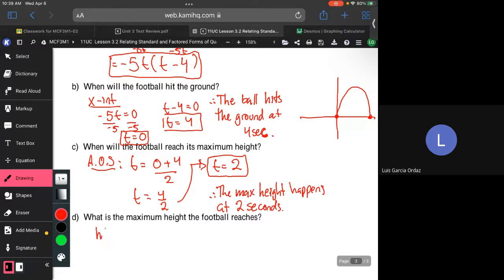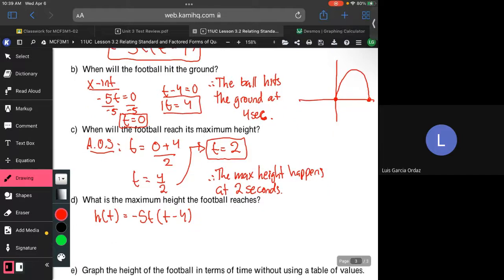So h of t is equal to negative 5t times t minus 4. So h at 2 is equal to negative 5 times 2 minus 4. So what's negative 5 times 2? Okay. 2 minus 4 is negative 2.